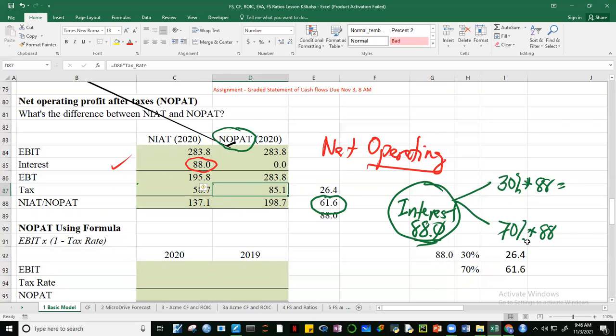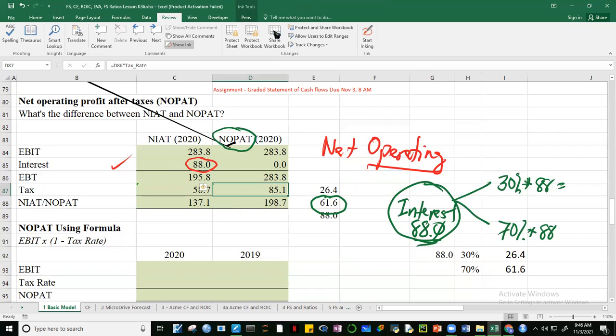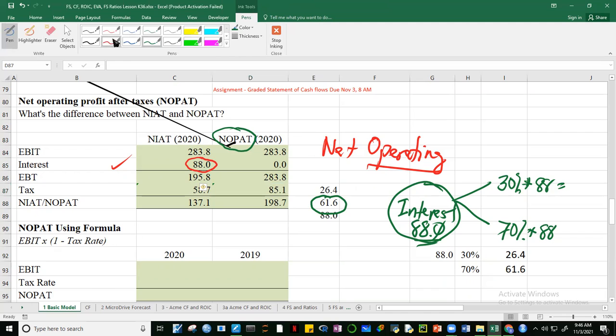Let me generalize the formula. The difference will always be 1 minus the tax rate multiplied by the interest. This is the amount by which your NOPAT will be greater than your NIAT, not the total interest.